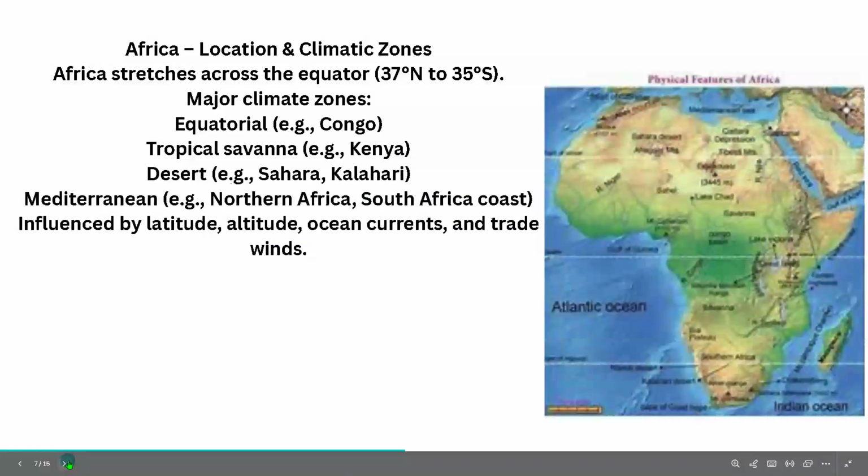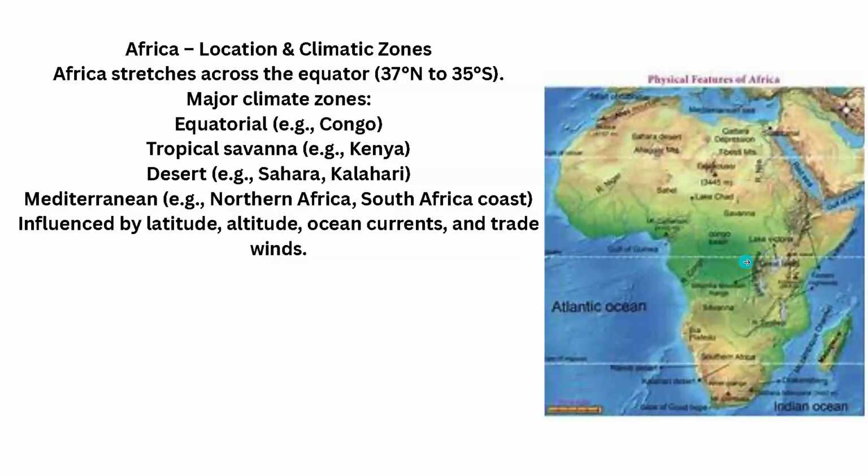Next, in Africa, as I told you, the equator passes through the center of the continent. From 0 degrees latitude to 10 degrees, in both hemispheres, you will find an equatorial type of climate.